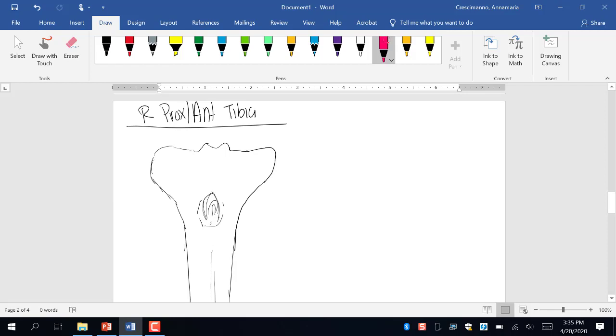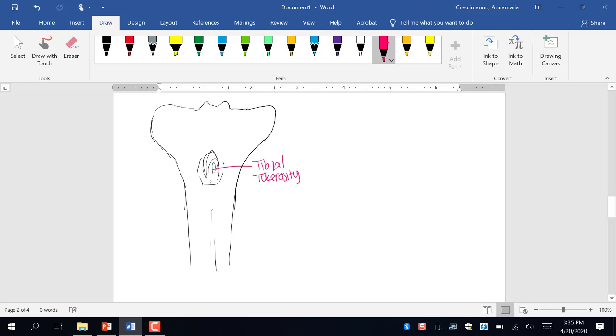We've so far identified the tibial tuberosity, and this border right here, which is the anterior border.